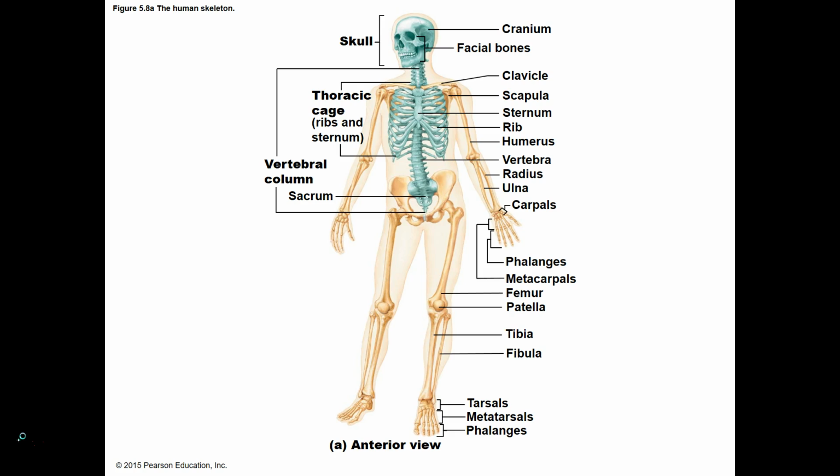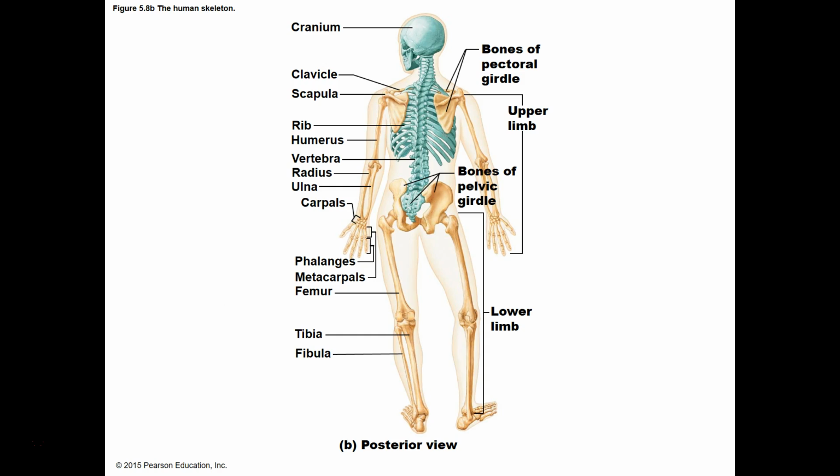When we're referring to the axial skeleton, it is made up of these components right here. Okay, that's the axial skeleton. That's it in a nutshell. Nothing overly complicated about that. Skull, rib cage, the spinal column, all the way down is all part of the axial skeleton. Okay, and we see the backside picture there too.